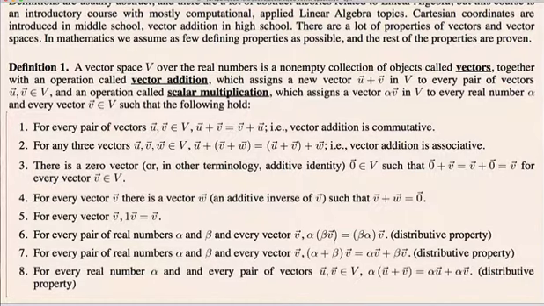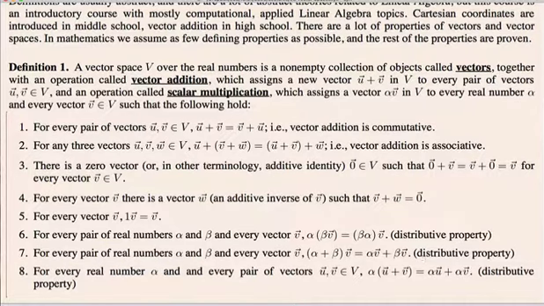You can either pair beta and v, and then you get a new vector, and then you can scalar multiply this with alpha, or you can pair beta and alpha together to get a new real number and then do the scalar multiplication. Property 7 is that for every pair of real numbers alpha and beta and every vector v, (alpha plus beta) times v is alpha times v plus beta times v.